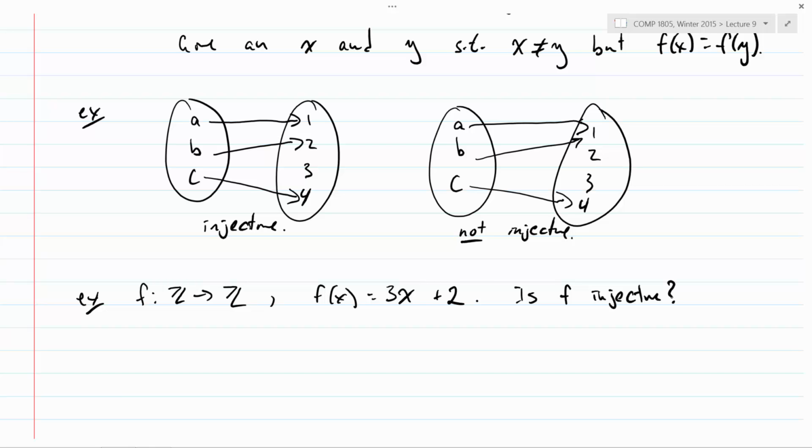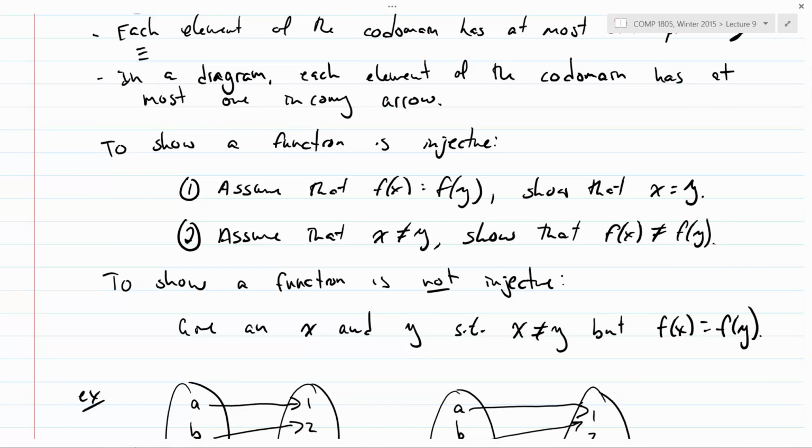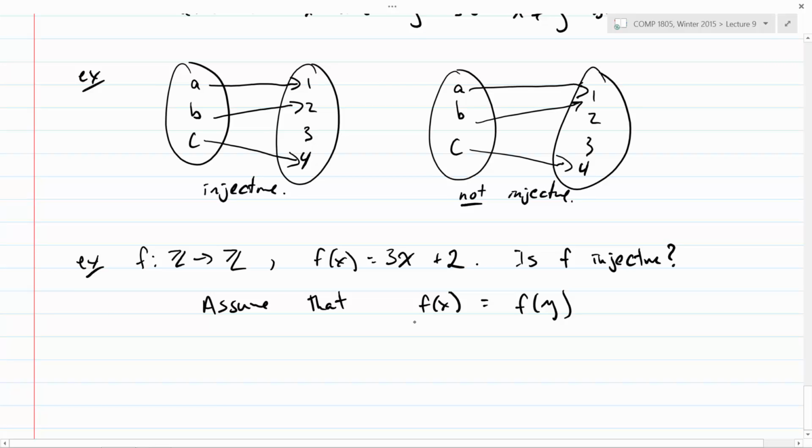So I would say to myself, okay, well let's try to prove that it's injective. So we go up to our list of what to do, and the first thing is, if we want to show it's injective, we should assume that f(x) equals f(y) and show that x equals y. So we assume that f(x) equals f(y). Okay, well f(x) equals f(y), that's the same thing as saying 3x plus 2 equals 3y plus 2.